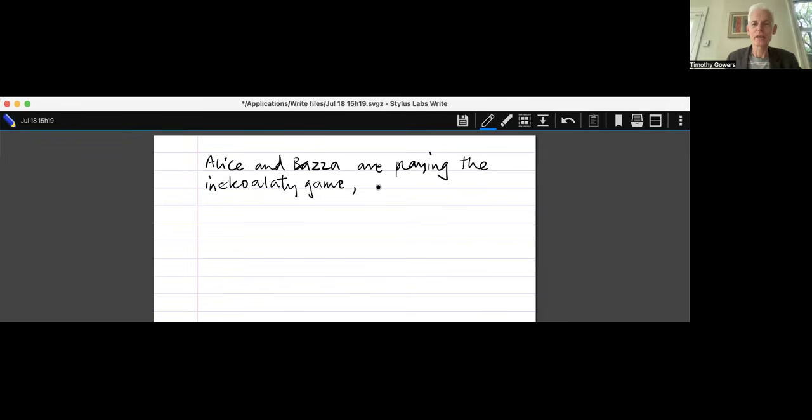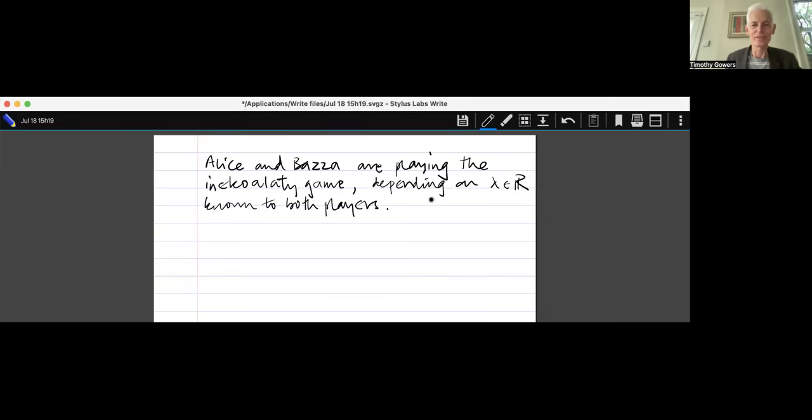A two-player game, I won't write everything down, whose rules depend on a positive real number lambda, known to both players. I cannot guess where this is going.